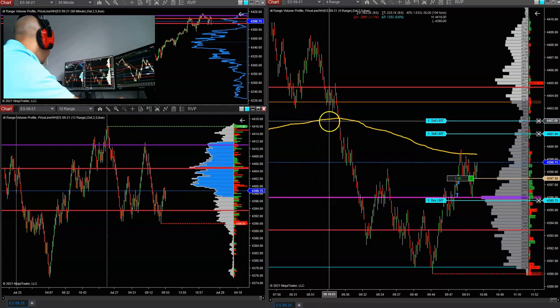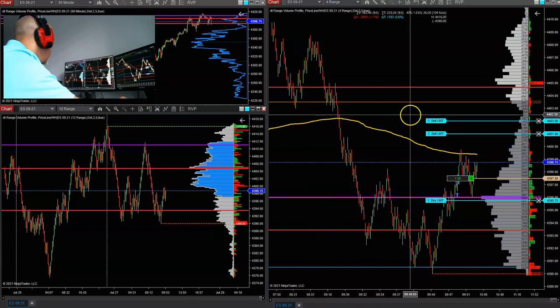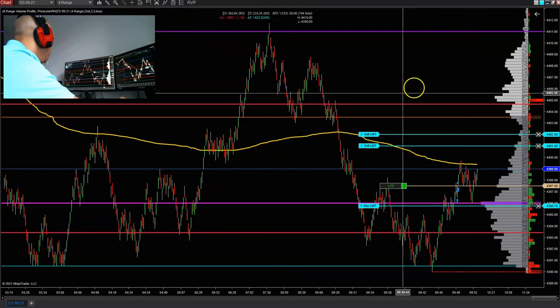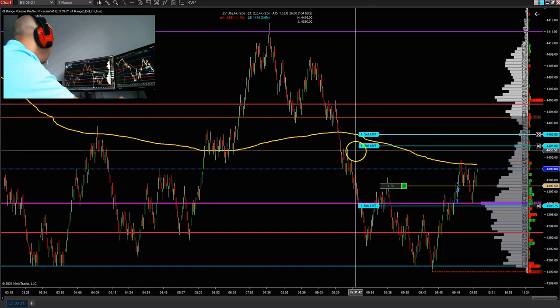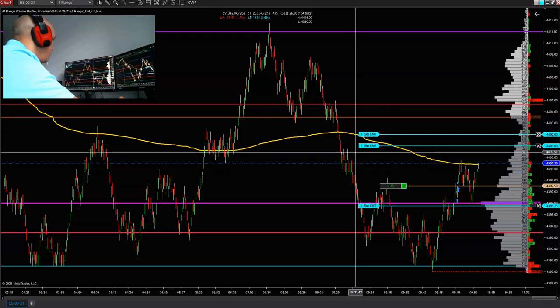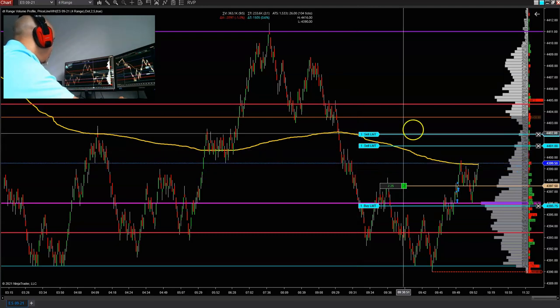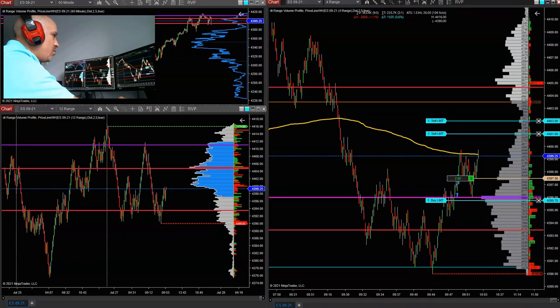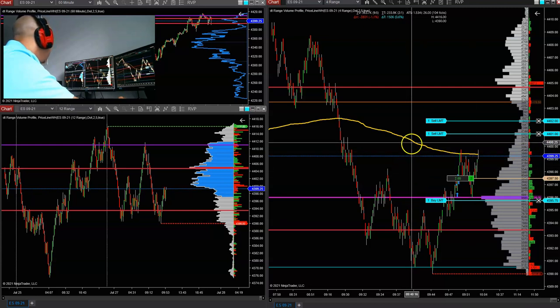But we do have areas of resistance above us, and as I mentioned, it really needs to break above 44 and a half to really push up higher. So right now we're up 2.5 points. So I'm gonna stick it out. We'll ride it and see what happens.